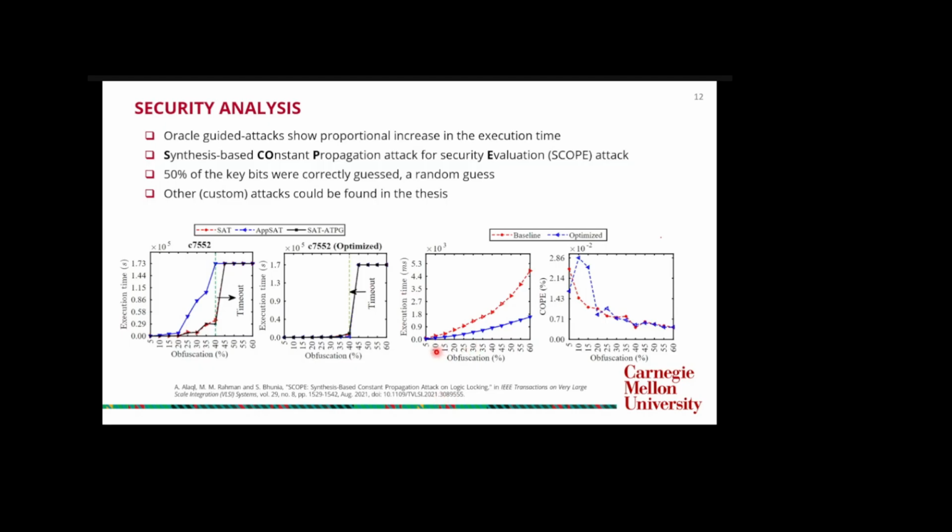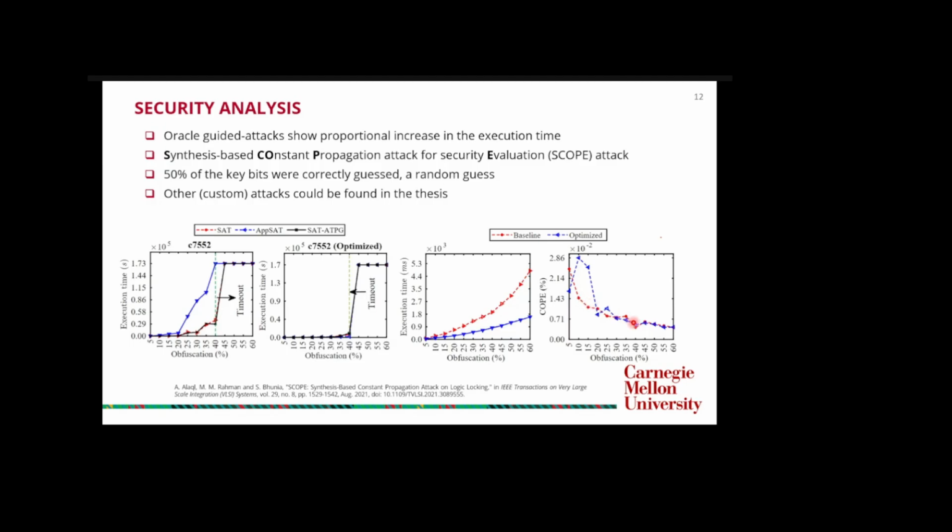We can see that with the increase in the obfuscation level, the execution time is kind of linear. And then we can see that there is a COPE metric. The COPE metric is the vulnerability metric. Vulnerability means how vulnerable the design is. In this figure, we can see that for both the baseline and optimized design, the vulnerability metric is decreasing.